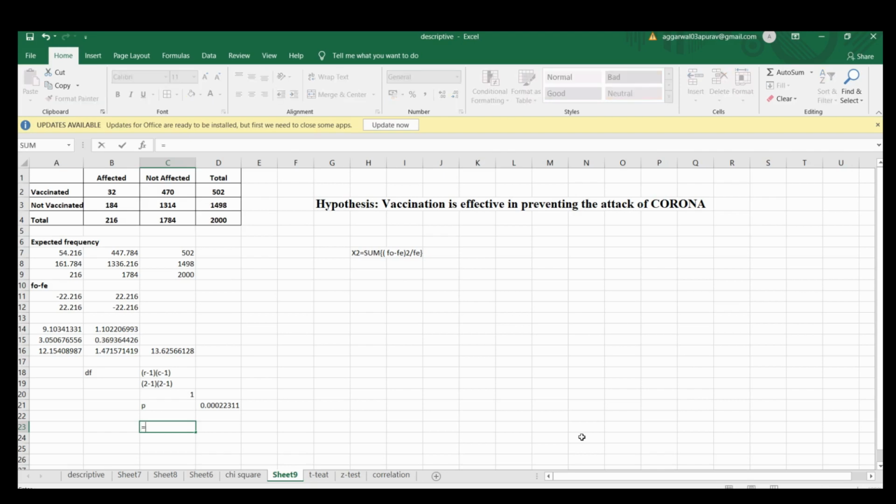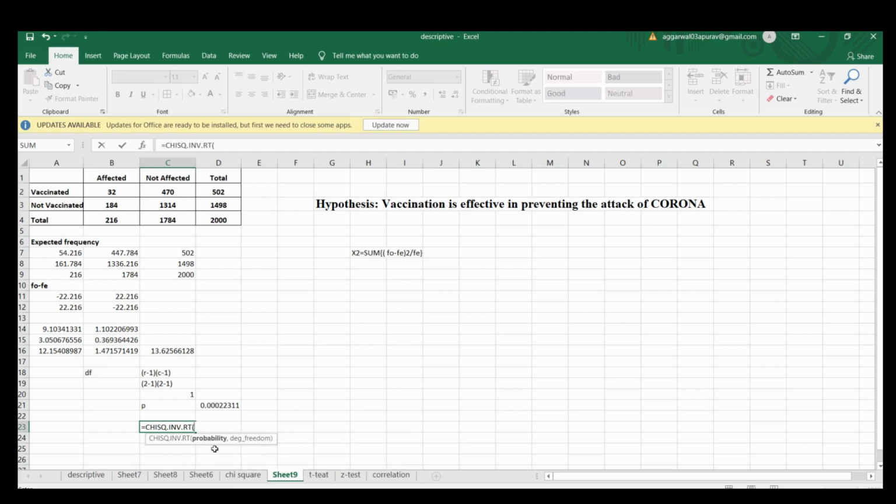For calculating critical value, start with the symbol of equal, CHISQ.INV.RT, probability, comma, degree of freedom.